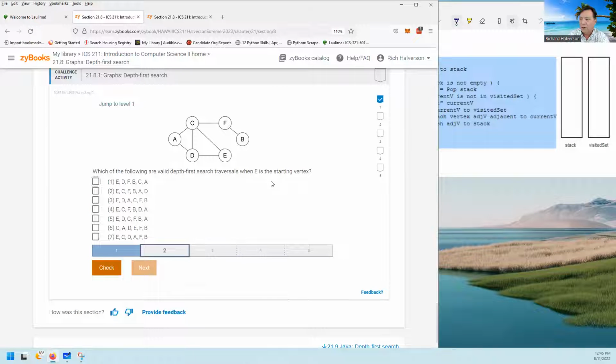Which of the following are valid depth first search traversals? Okay.